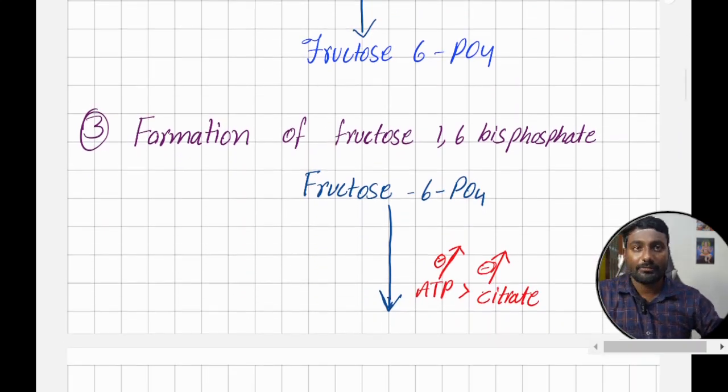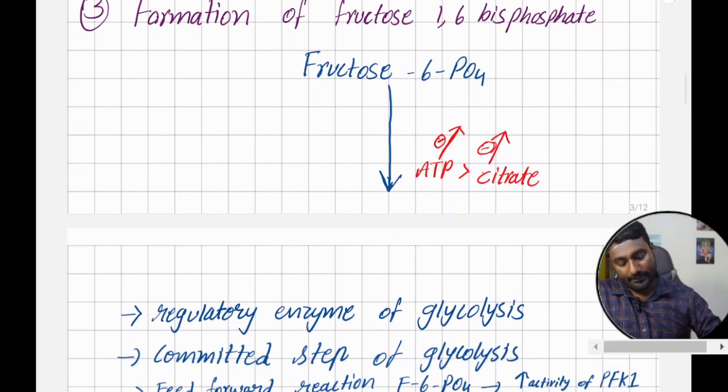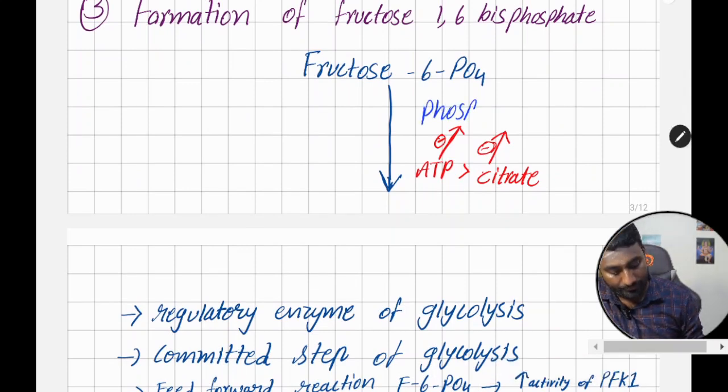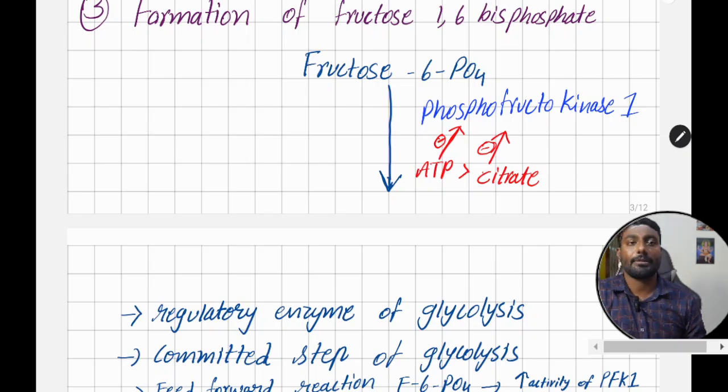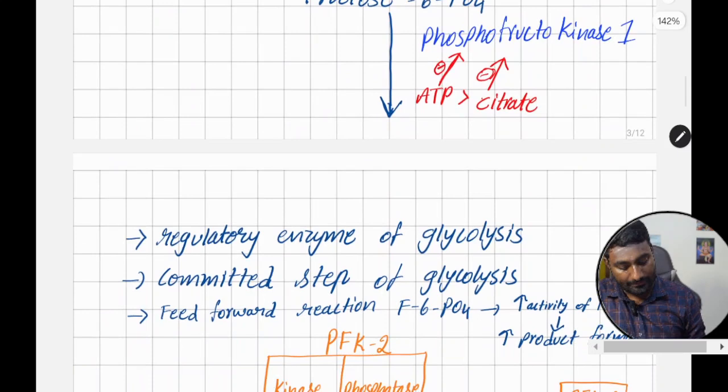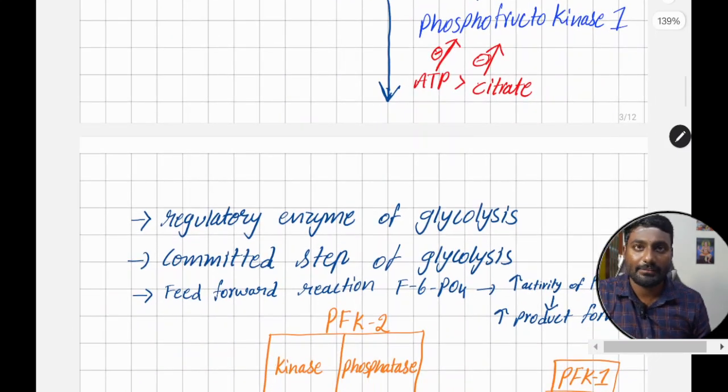Here there is formation of fructose 1,6 bisphosphate. What is this enzyme? It is a very important enzyme. This is phosphofructokinase 1. Now, ATP and citrate are inhibiting this enzyme.